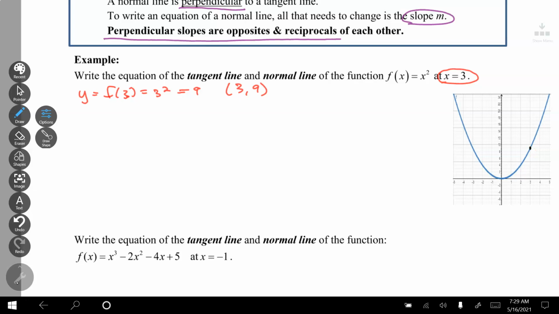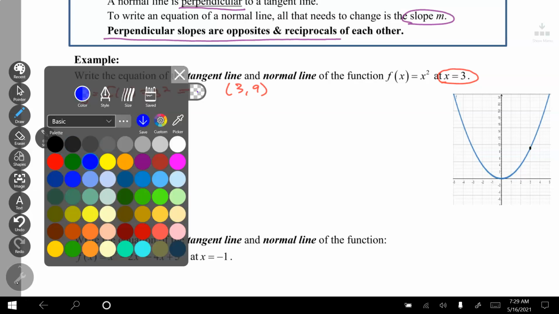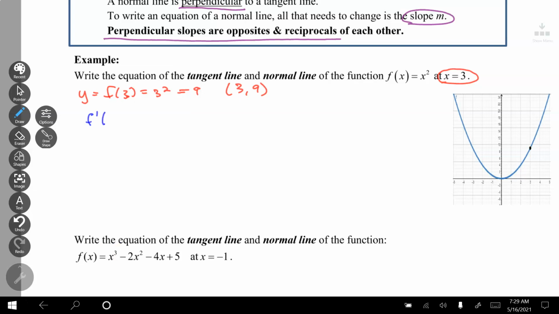Then I need to find the derivative. So f prime of x is, well, if this is x squared, the derivative is 2x. And then f prime of 3, because that's my given x value, is equal to 6.